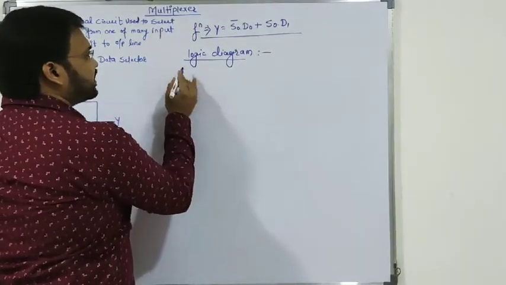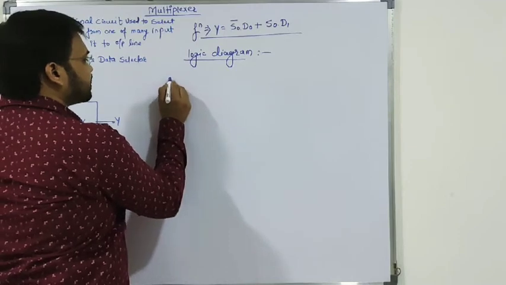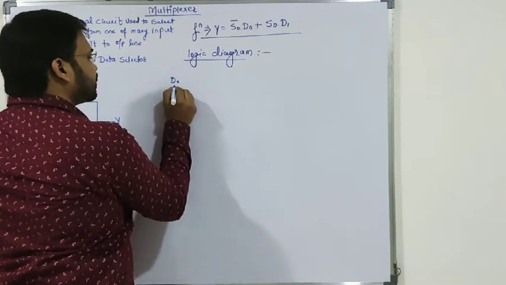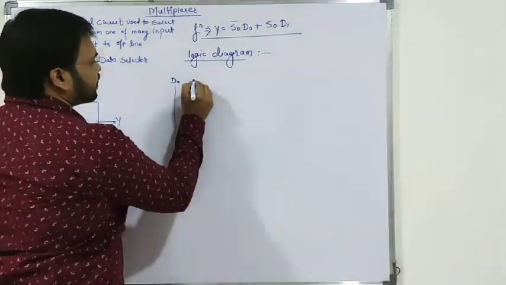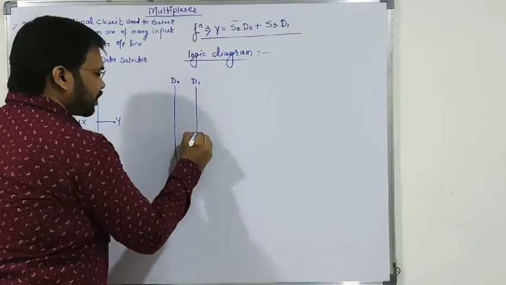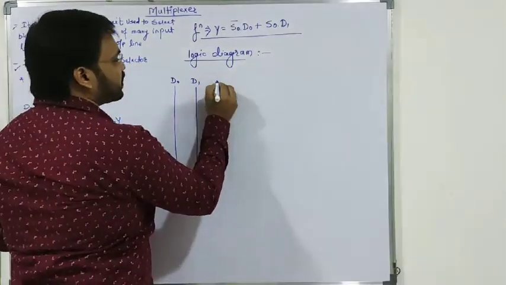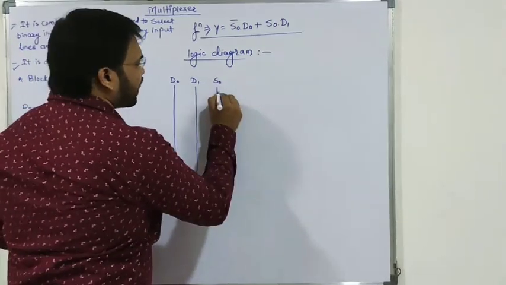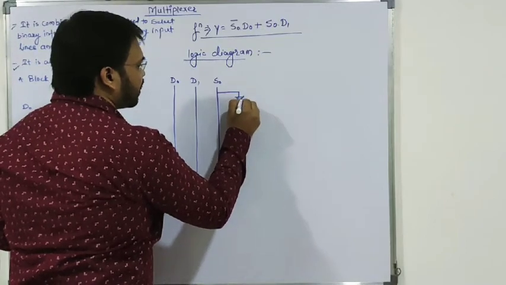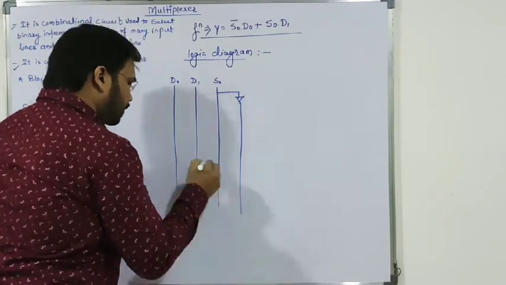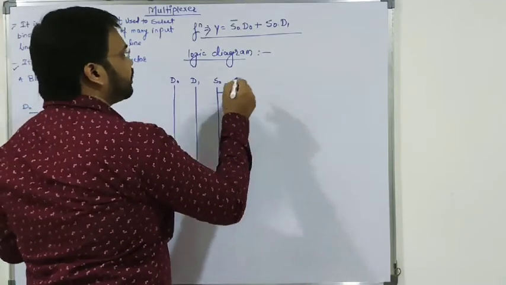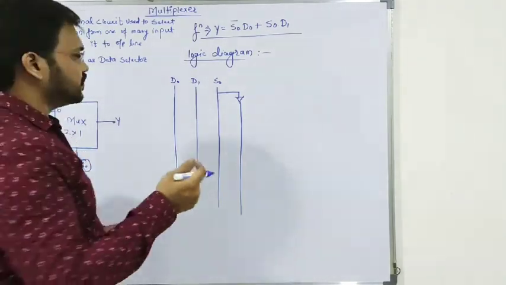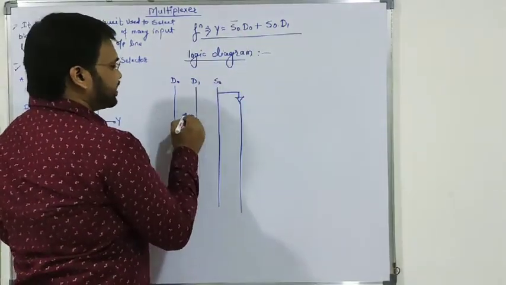So we have to just draw 4 lines for this: first for D0, next for D1, next for S0, the select line, and here S0 bar.